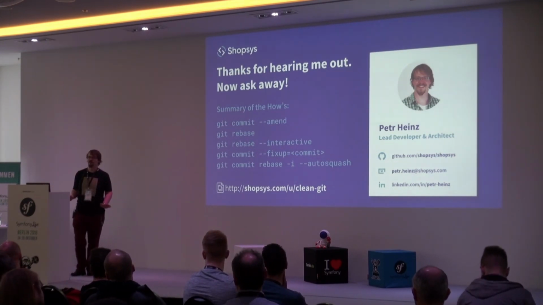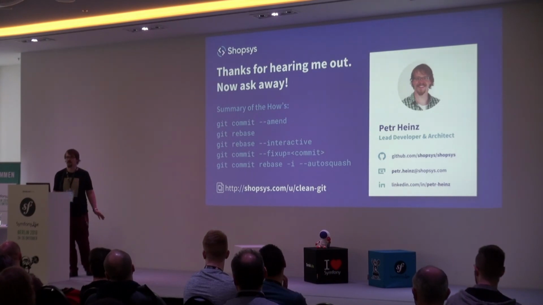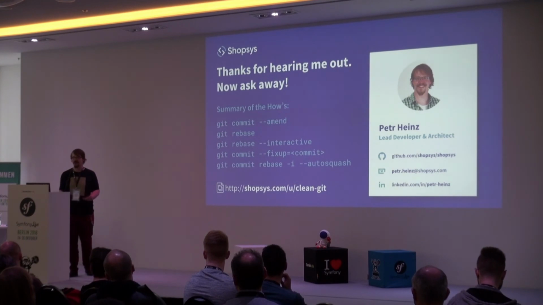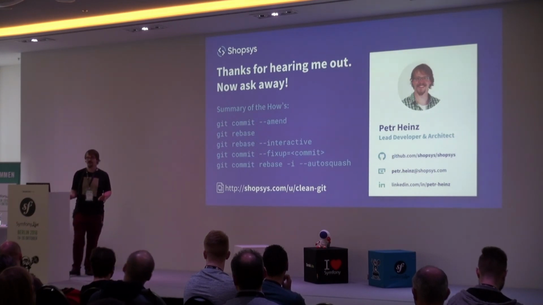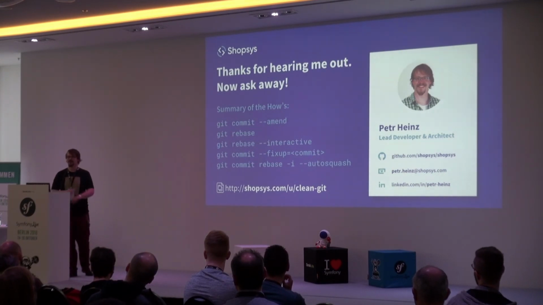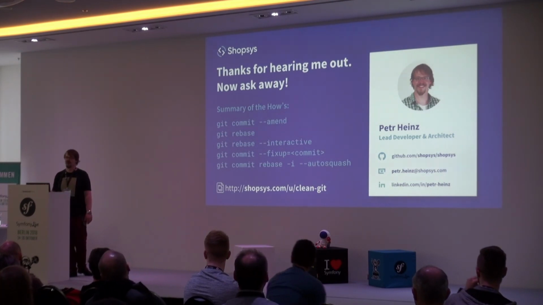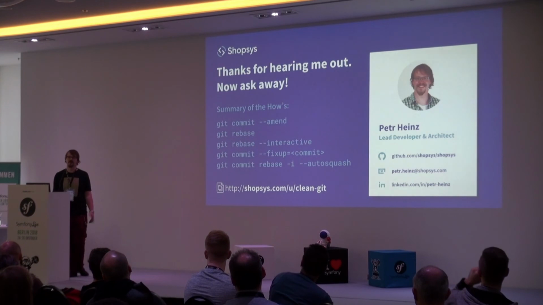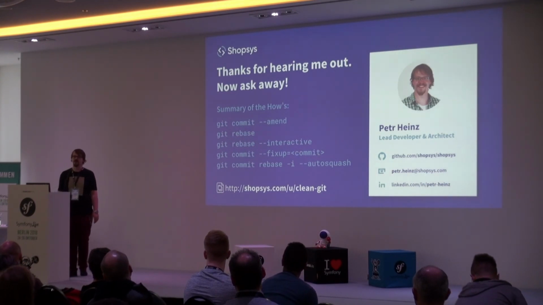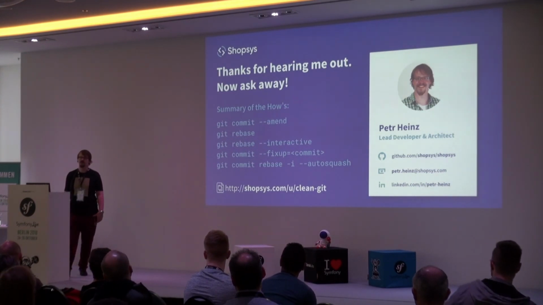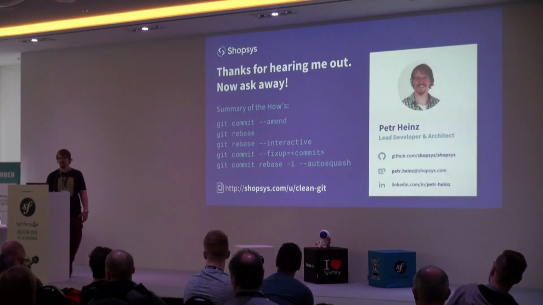Definitely never force push into master. So when you push something into master, that's it, and you shouldn't really try to fix your history from that point on. But on the feature branches that will get deleted, I would argue that you can force push after that, and it's just fine.